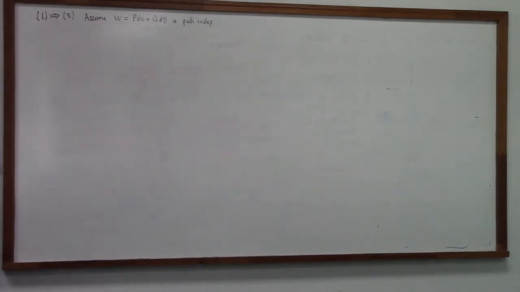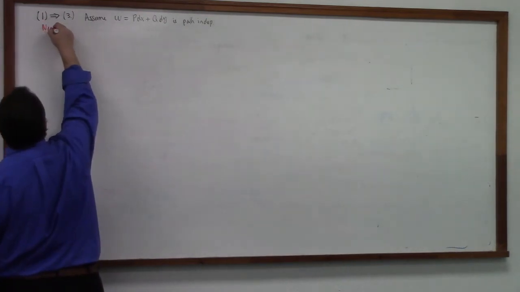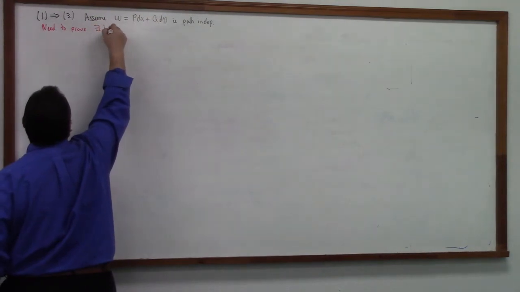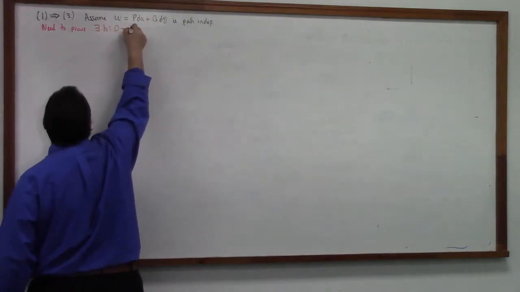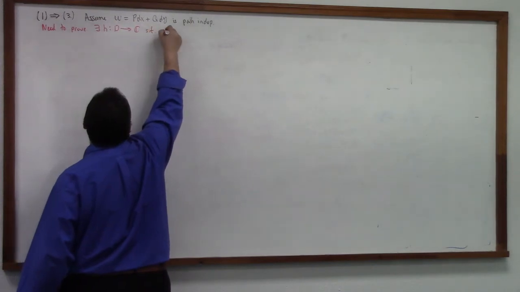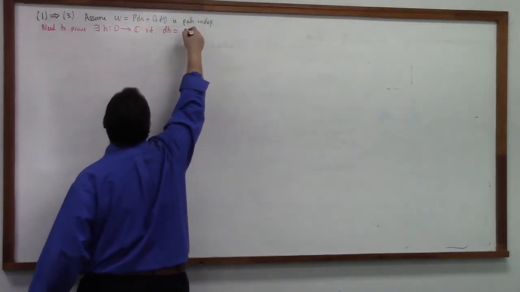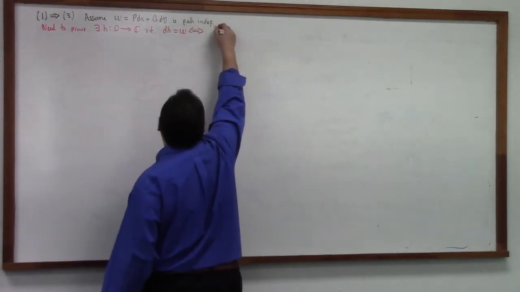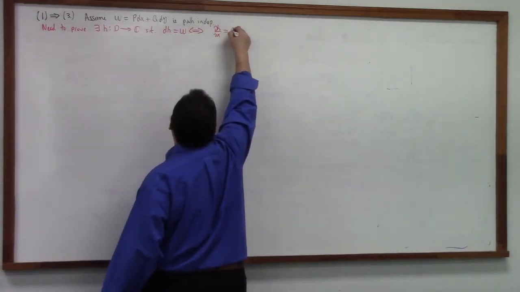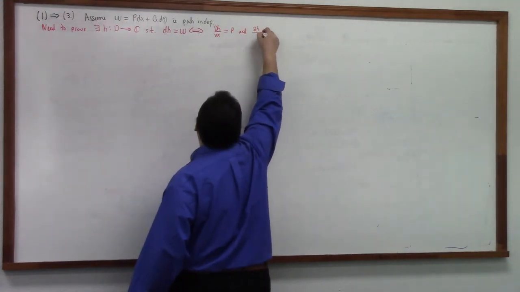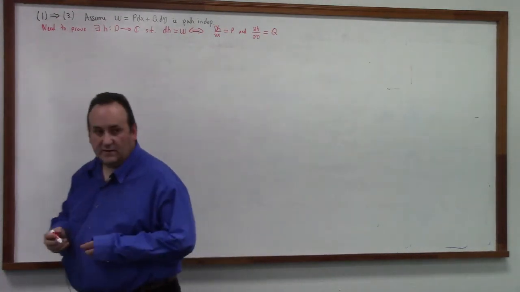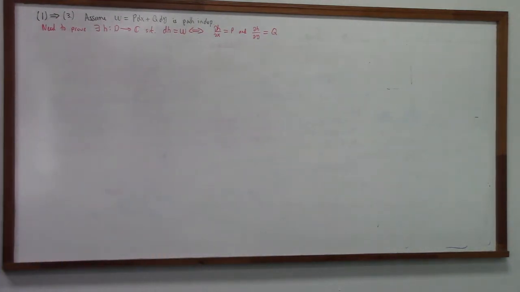So we need to prove that there exists h from the domain to the complexes such that dh is equal to omega. That is equivalent to saying that partial h partial x is p and partial h partial y is q. We need to find a function whose partial derivative with respect to x is p, and with respect to y is q.